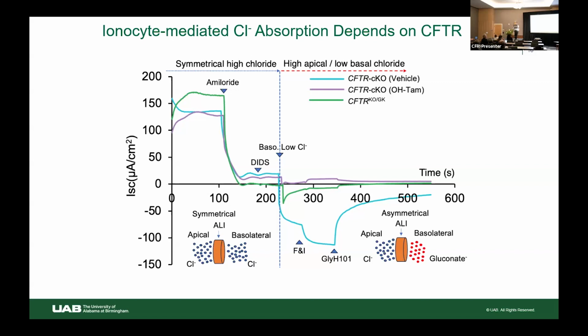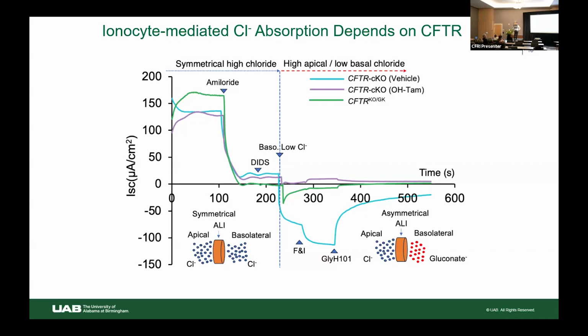What we can see is that the control group showed a very large amount of chloride moving from the apical side to the basolateral side. And this chloride ion movement is completely abolished in both the conditional knockout and the CF group. Then by quantification, we have two graphs. One is the CFTR activation, and the other one is the CFTR inhibition.